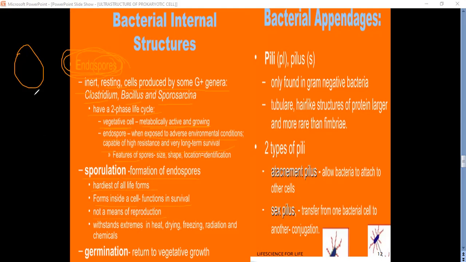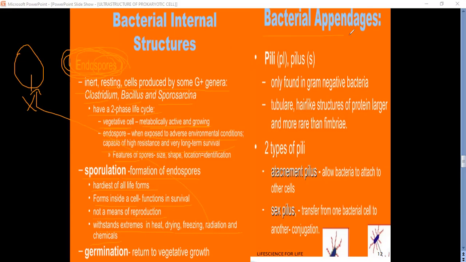They are not a means of reproduction; during spore formation, the cell doesn't undergo any reproduction. They withstand extreme temperatures of heat, drying, freezing, radiation, and chemicals. None of these effects will harm the prokaryotic cell during its endospore stage. When conditions become favorable, it becomes an individual prokaryotic cell again.